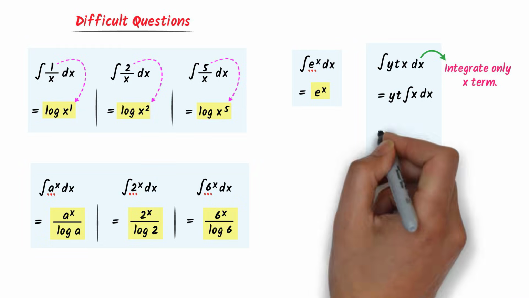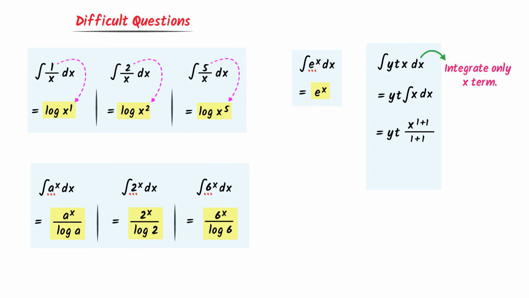I get yt into x raised to the power 1 plus 1 upon 1 plus 1. I get yt into x squared upon 2. Hence, this is the answer of this question. Therefore, we use this easy method to calculate the indefinite integration.